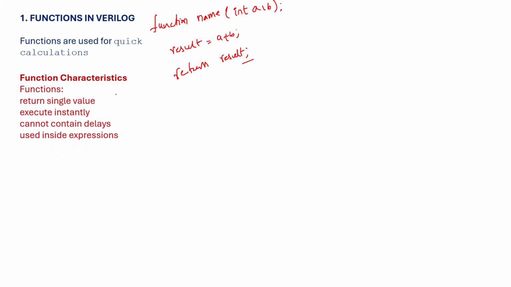So function characteristics: it returns a single value and executes instantly, because functions are executed at t equal to 0 only. It cannot contain any delays. This is illegal: hash 10 result equal to a plus b is illegal.